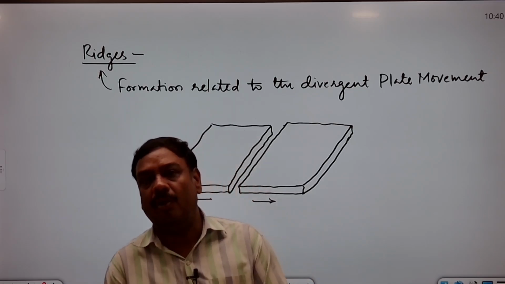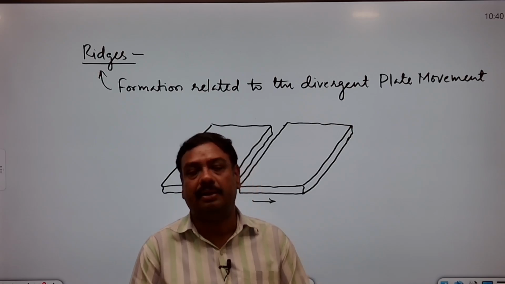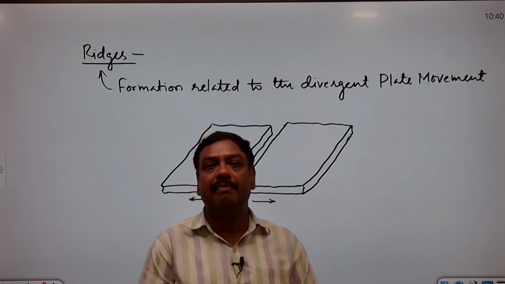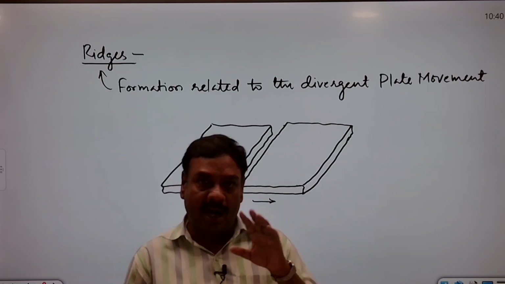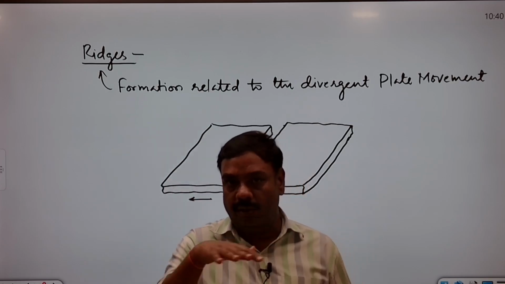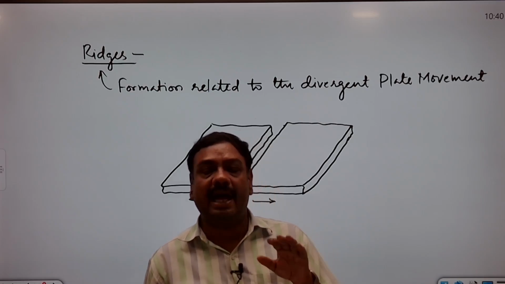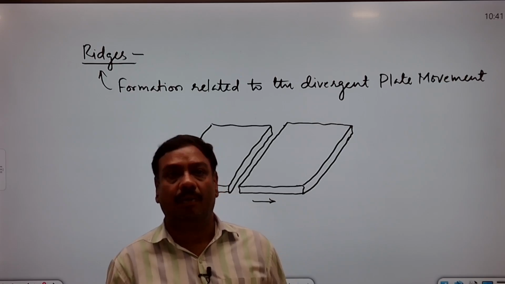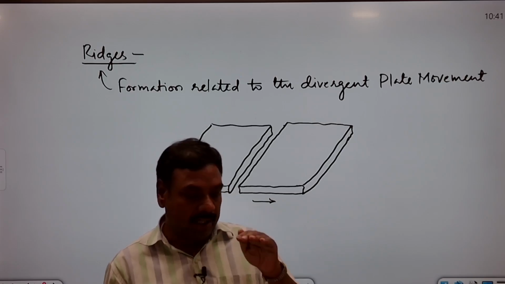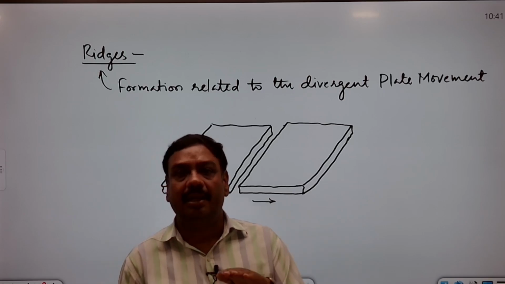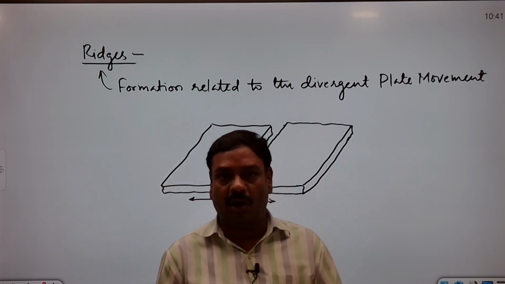I told you about this in the chapter of structure of the earth. But at the same time, I told you that this part of lithosphere is floating over the asthenosphere region. Asthenosphere is that part in the earth which has molten material, and on that molten material this solid, rocky part is floating.